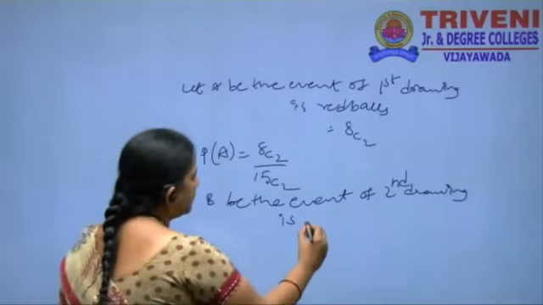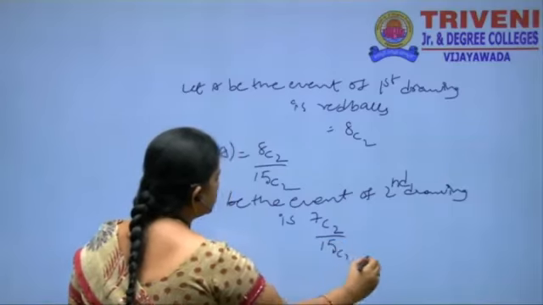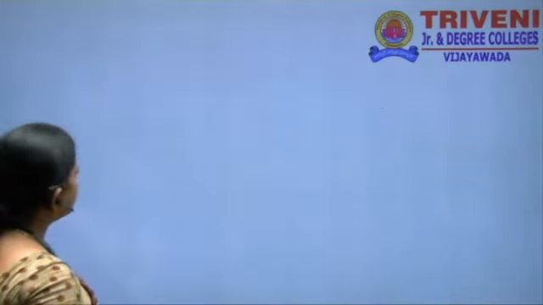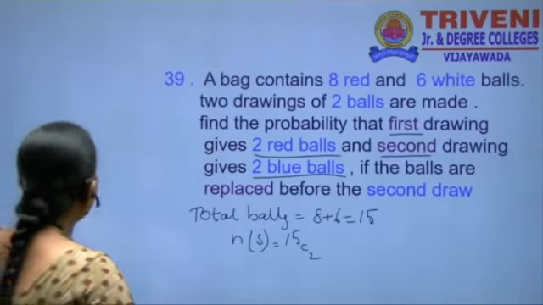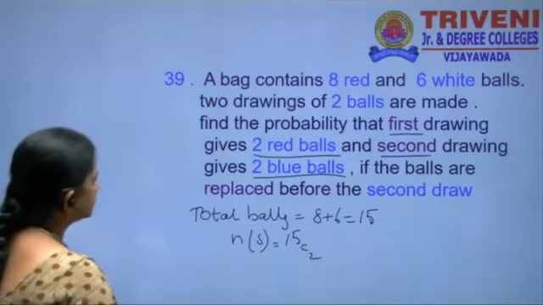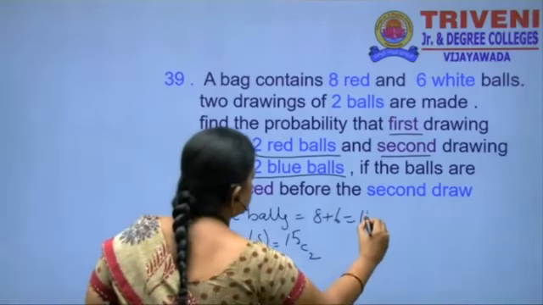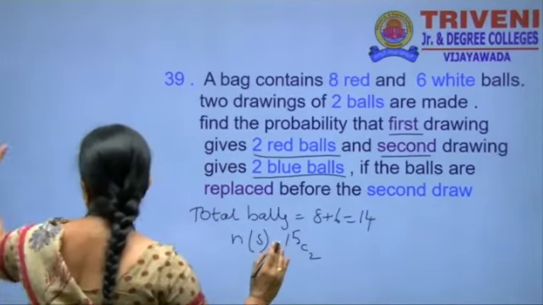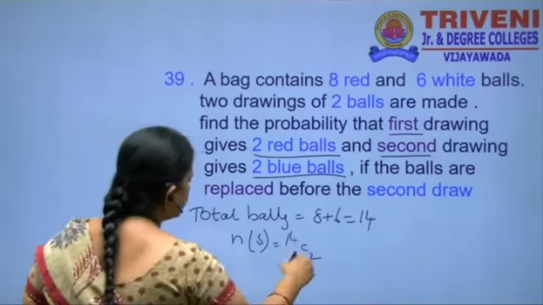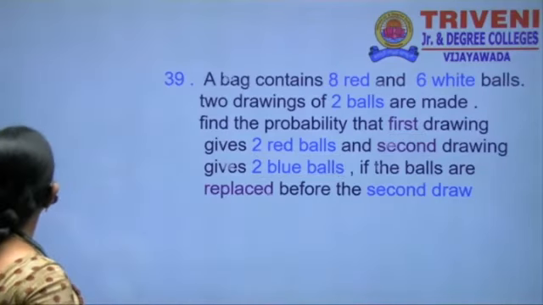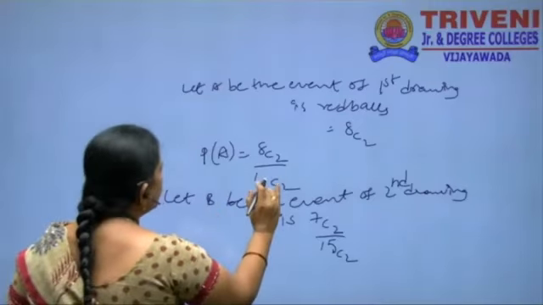How many white balls are there? 6. 6C2 by 14C2. 8 plus 6 is 14, so here also 14C2.